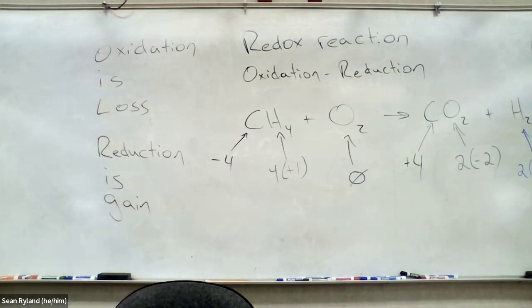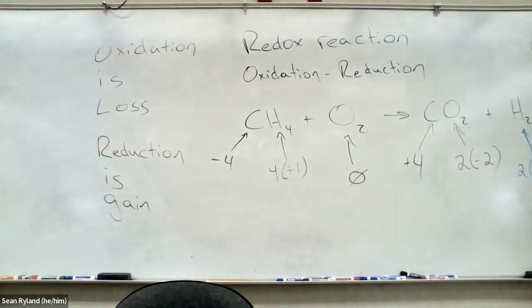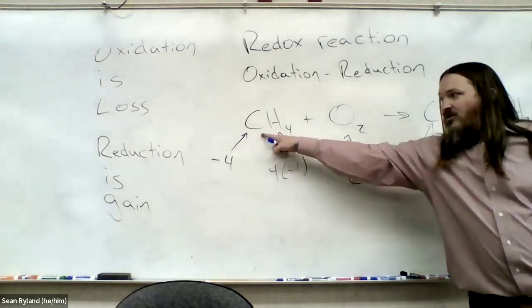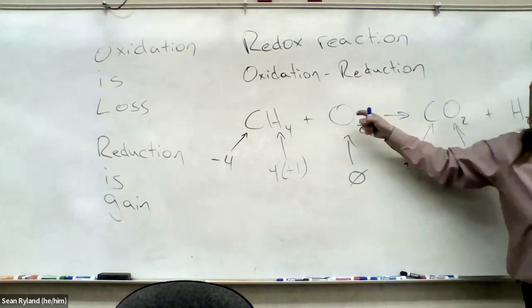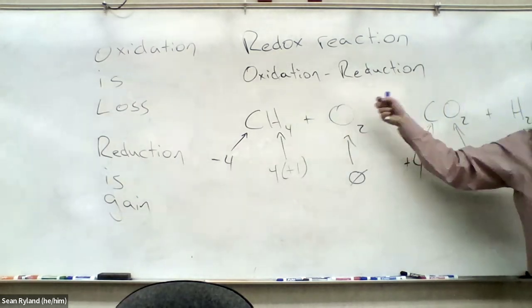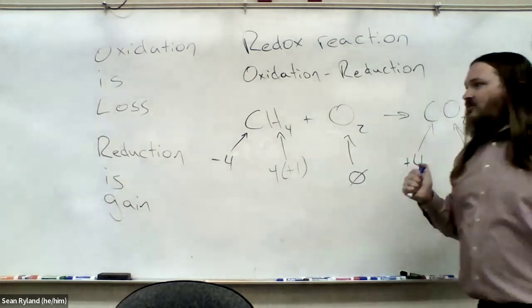It's more electronegative, and electronegative gets first dibs. So your hydrogens went from +1 to +1. They didn't change oxidation state, so they were neither oxidized nor reduced. Your carbon went from -4 to +4, so it was oxidized. Your oxygen went from 0 to -2, so your oxygen was reduced.